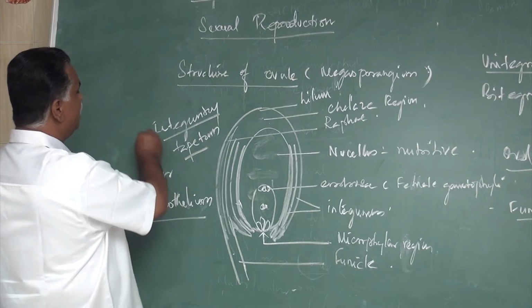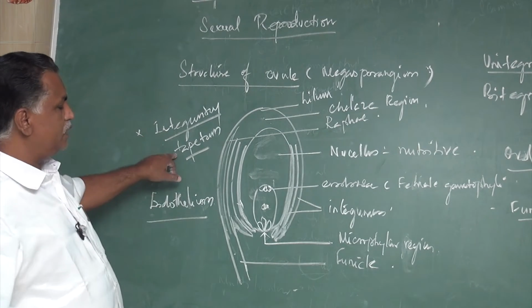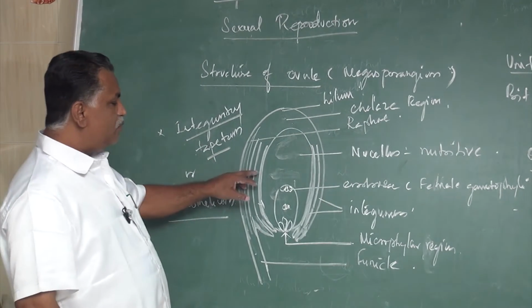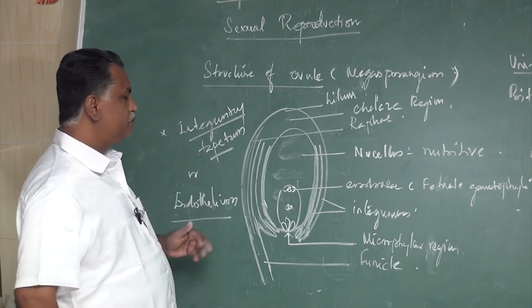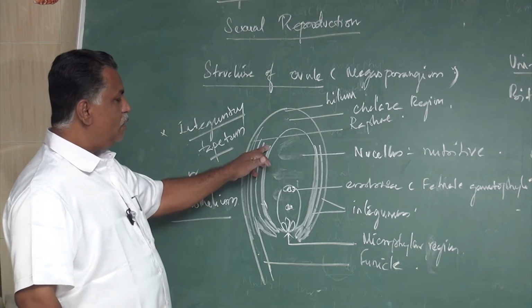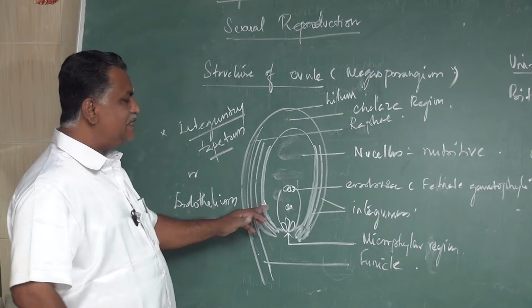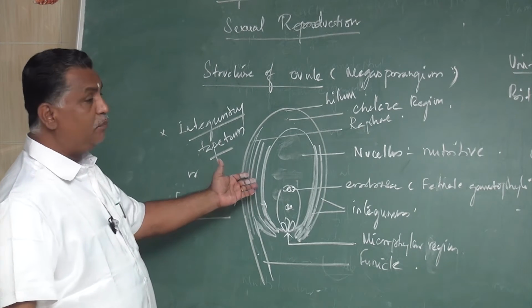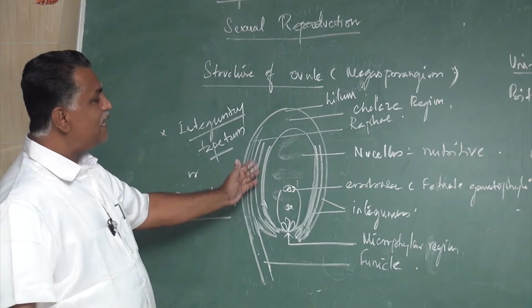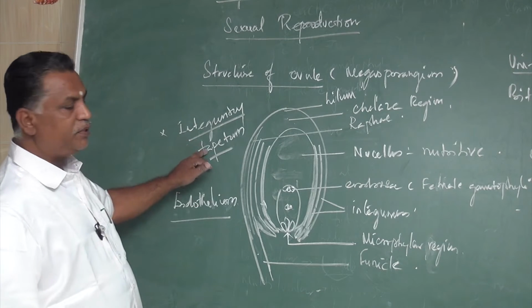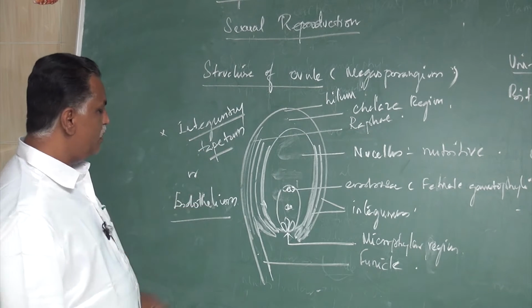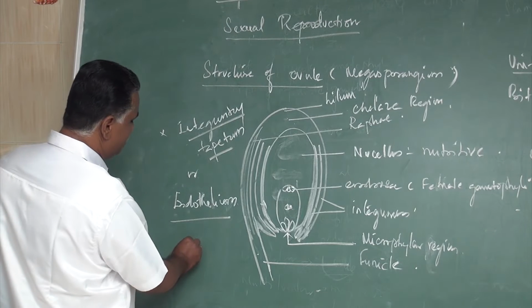What is endothelium or integumentary tapetum? Integuments are meant for protection. Sometimes the inner integument modifies itself and becomes a nucellus-like nutritive tissue, called integumentary tapetum or endothelium. This is found in the case of Asteraceae.